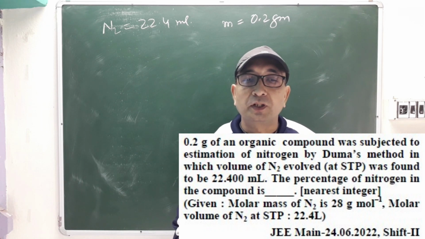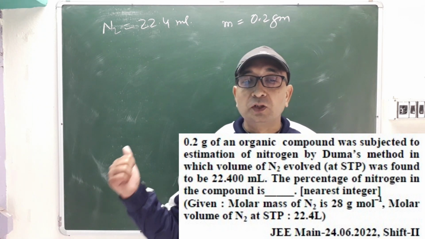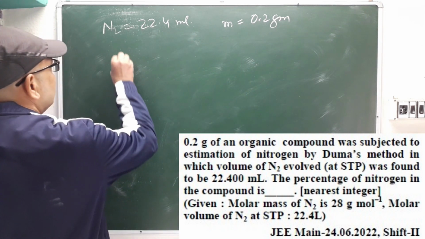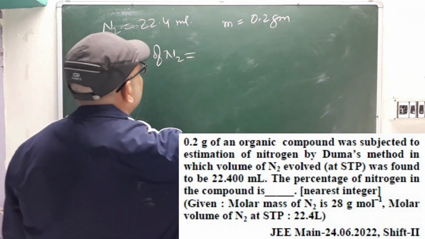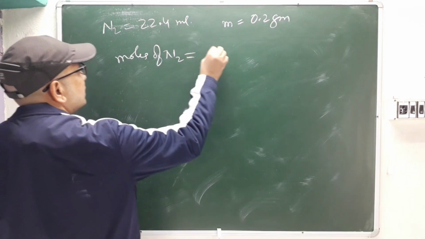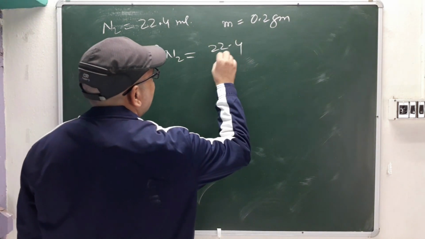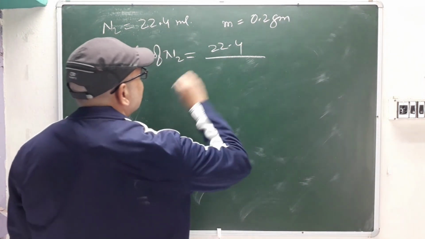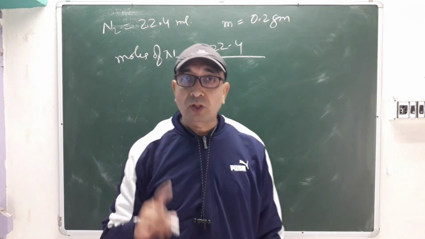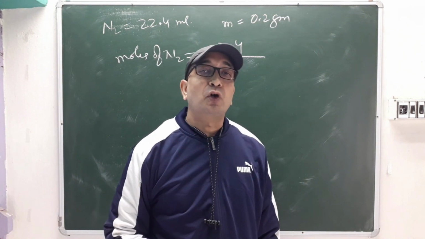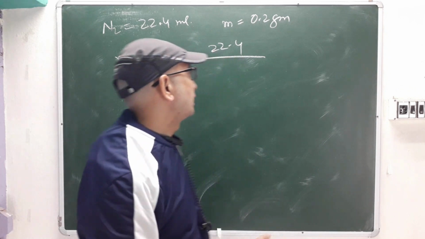So first of all, you have to convert it to mole. So moles of nitrogen, how are you going to convert it? It will be the given 22.4 ml divided by the STP volume. We know one mole of gas has a volume of 22.4 liter at STP, right?